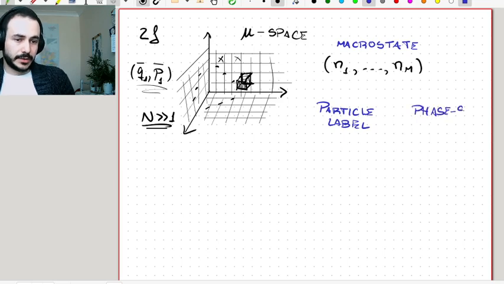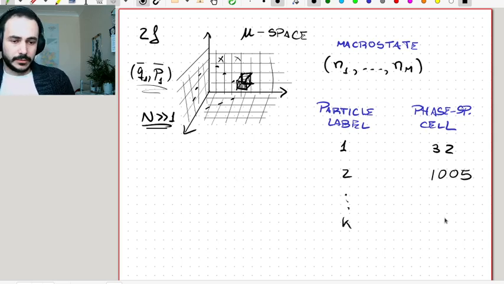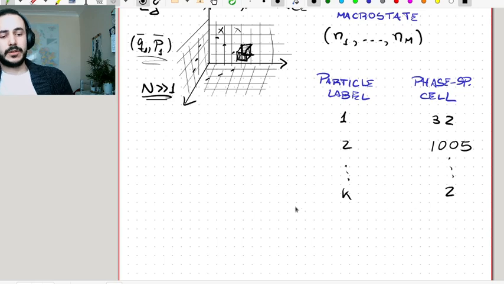So particle 1 is in cell 32, particle 2 is in cell 1005, particle K is in, say, cell 2, and so on and so forth. That will give you the full specification.